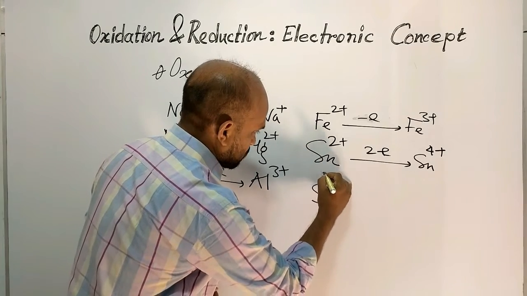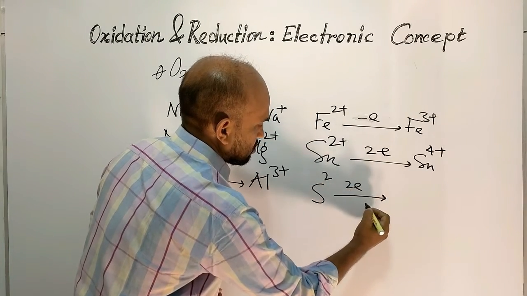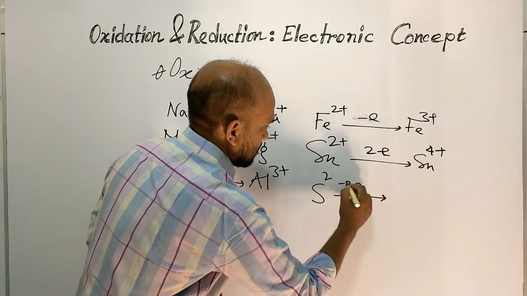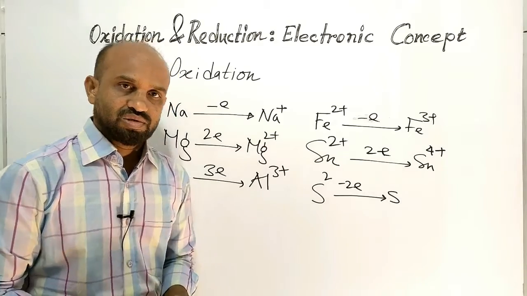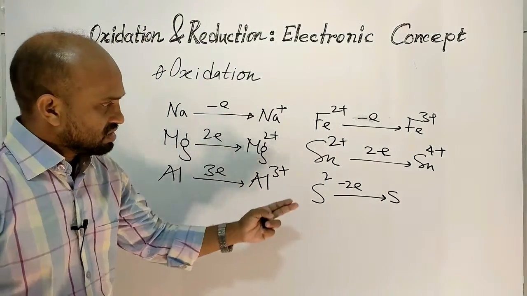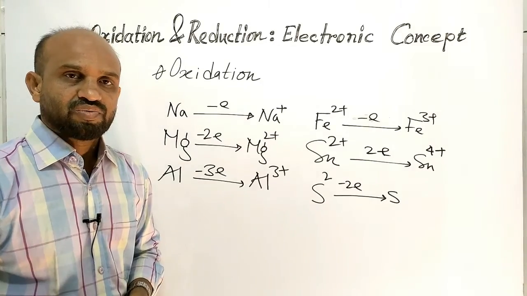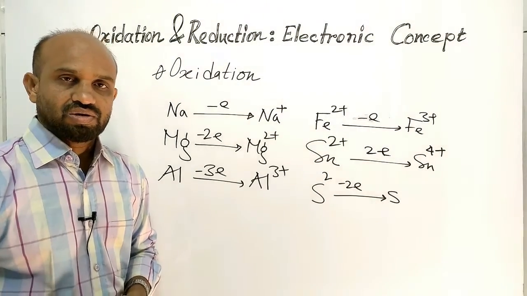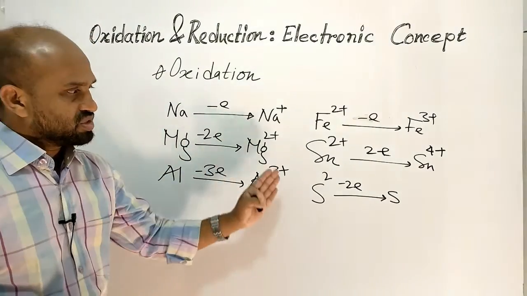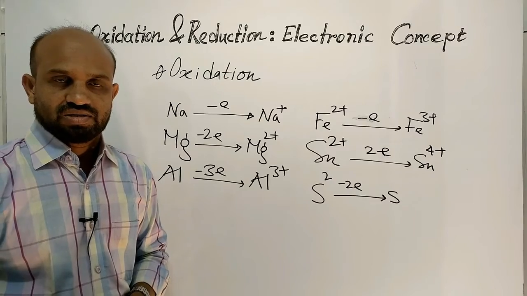Again, sulfur 2 minus loses 2 electrons and sulfur atom is formed. So, the reactions in which loss of electron or electrons occurs are called oxidation reactions.